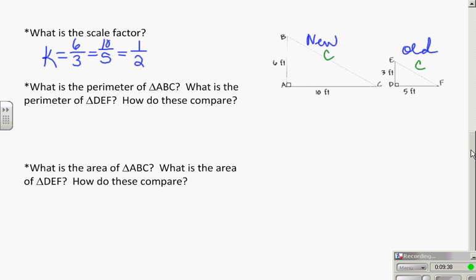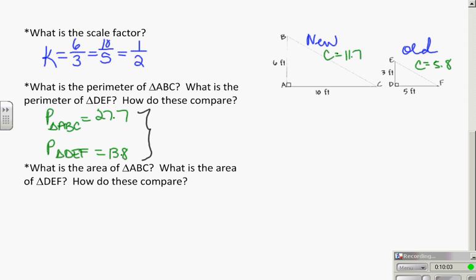Now using those two values, you can easily calculate the perimeter by adding up all three sides. And when you do that, you'll find out that the perimeter of triangle ABC is 27.7, the perimeter of triangle DEF is 13.8.